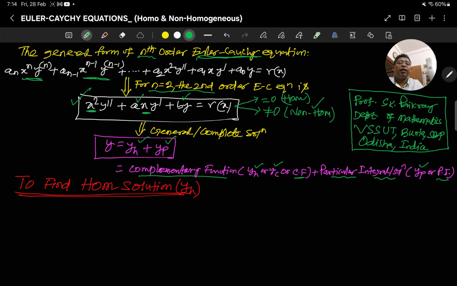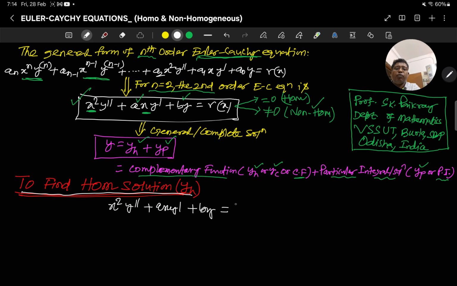Now to find the general solution, we first have to find the homogeneous solution. For the homogeneous solution, your r(x) is equal to 0, so you consider x square y double dash plus ax y dash plus by is equal to 0. If we recall the previous case, y double dash plus ay dash plus by is equal to 0, you put y is equal to e to the power lambda x.